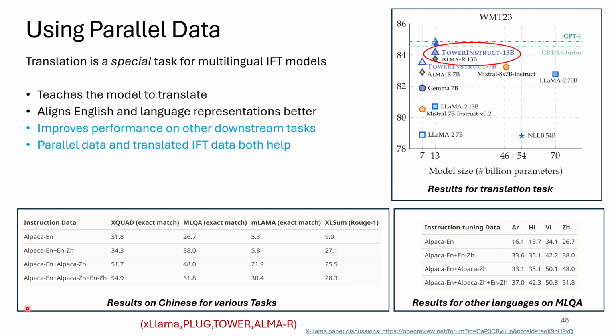You can see those results at the bottom. There are also many language models that are specifically trained for the translation task, for example the ALMA and the Tower models, and you can see that translation performance improves for these language models.